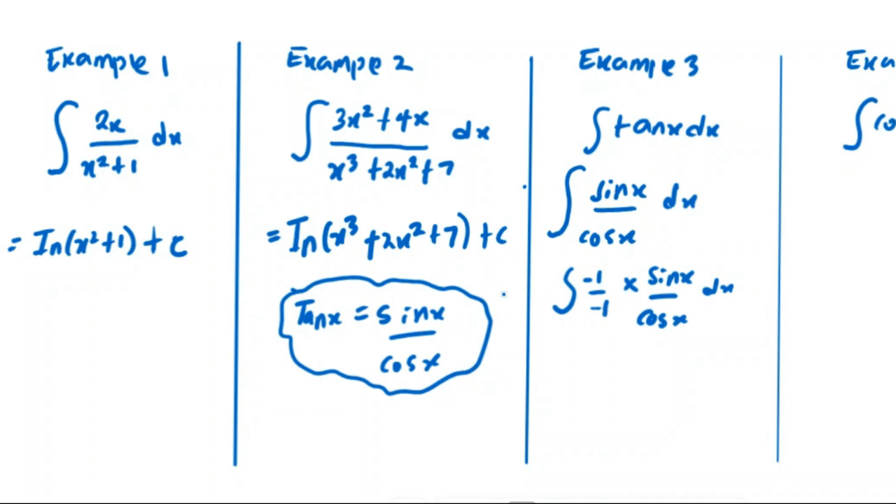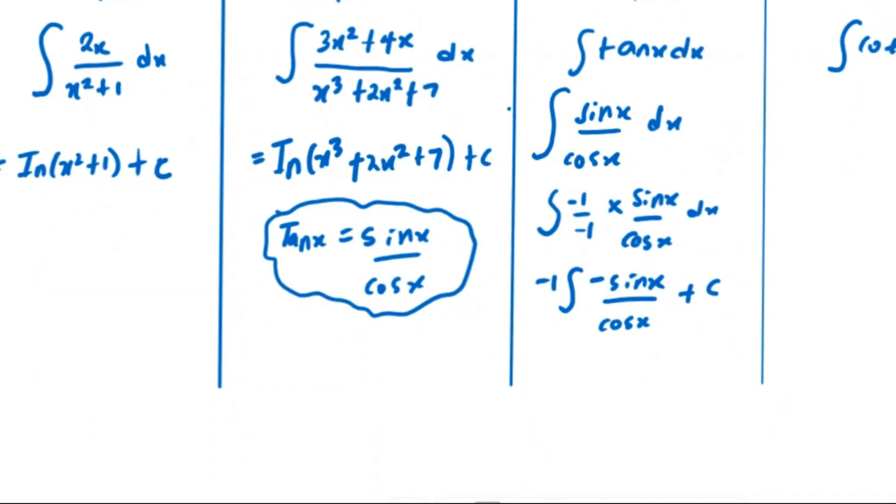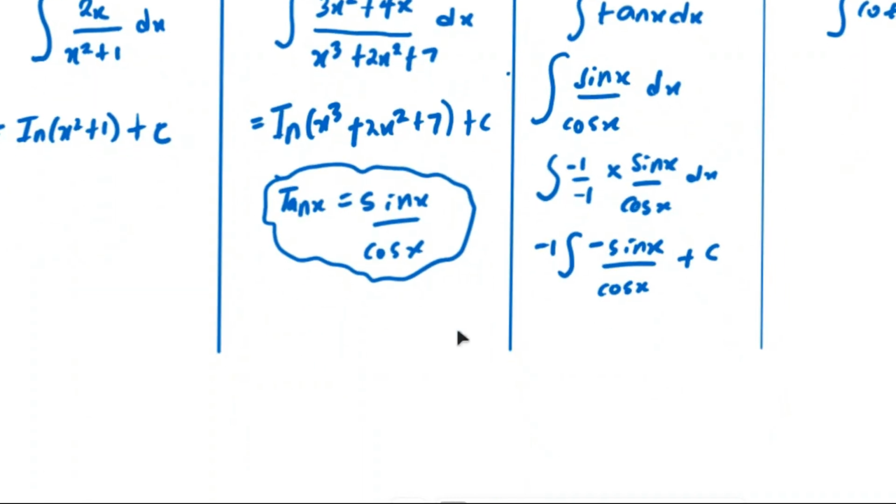So if I factorize one of these minus 1s out, this will be minus 1 times the integral of minus sine x divided by cos x, plus an arbitrary constant C. Since the derivative of cos x is minus sine x, the integral of this will give us ln cos x plus arbitrary constant c. Now, because we have a minus 1 multiplying this, we can still solve it further.